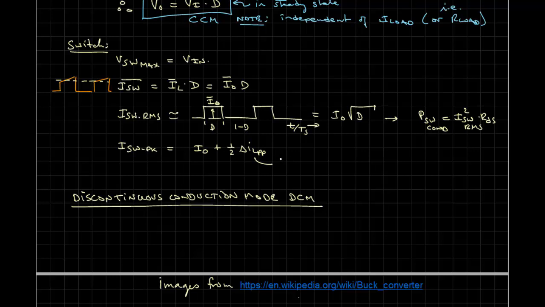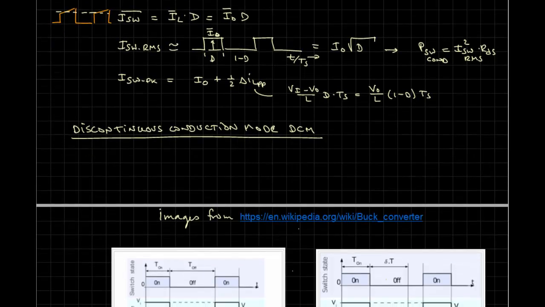And the peak-to-peak current, we can find several ways. It's (V_I minus V_O) over L times D times T_S. It's also equal to V_O over L times (1 minus D) times T_S. So you can use either one of those and calculate what the peak current is.